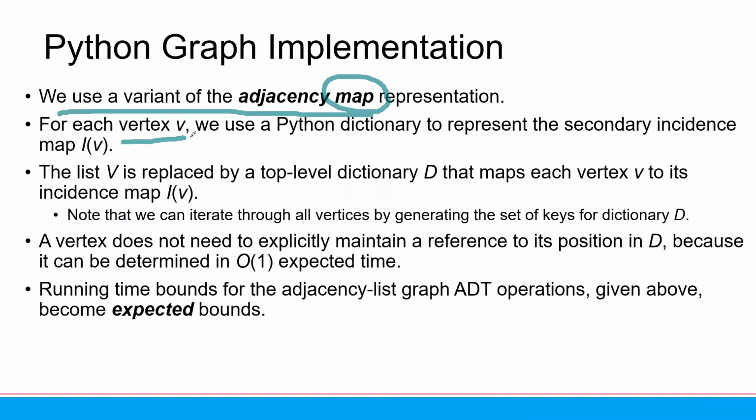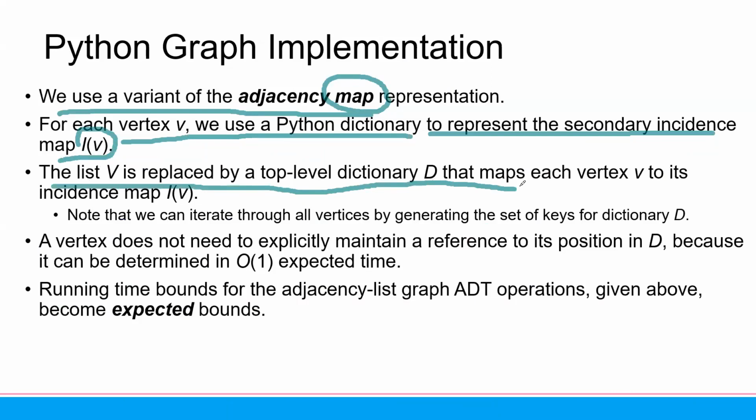For each vertex V, we use a Python dictionary to represent a secondary incident map I(V). So the list V is replaced by a top-level dictionary D that maps each vertex V to its incident map I(V).